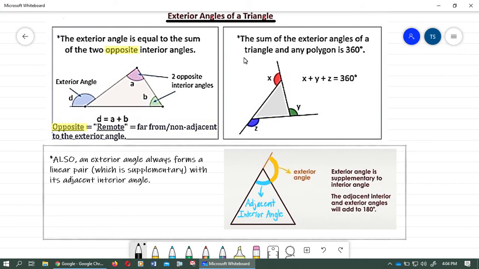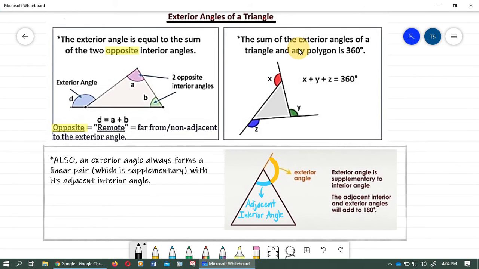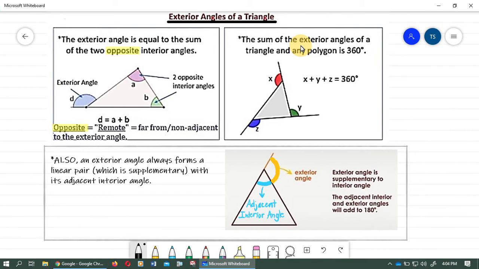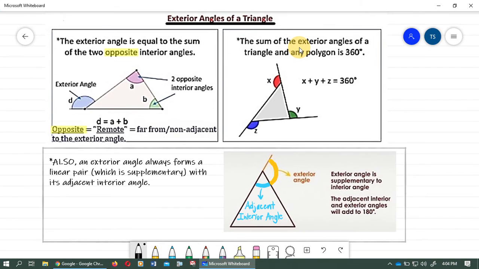But some other information about exterior angles. Guys, the sum of the exterior angles of a triangle, and guys, not only just of a triangle, but for any polygon.